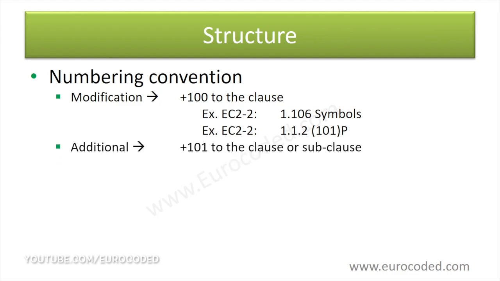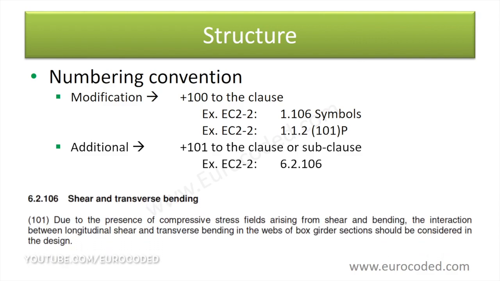The next point is about additional clauses. When there are additional clauses, 101 would be added to the last relevant clause or subsection number. As an example, in Eurocode 2 Part 2, there is an additional subsection called 6.2 to EN1992 titled shear and transverse bending. This number was derived by adding 101 to the last relevant subsection in Eurocode 2 Part 1.1, which is number 5.